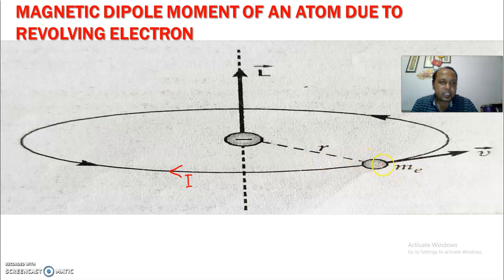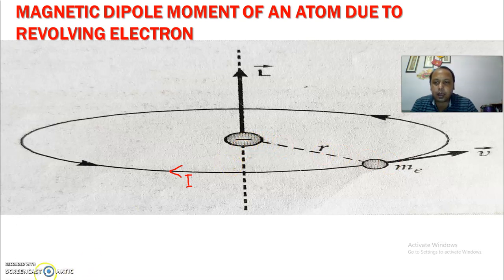The velocity with which the electron moves is v, and it is shown in the tangential direction to the circular path. me represents the mass of the electron and r is the radius of the atom. You can say it is the distance of the electron from the center of the nucleus.